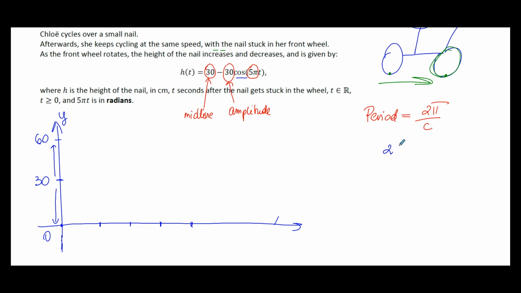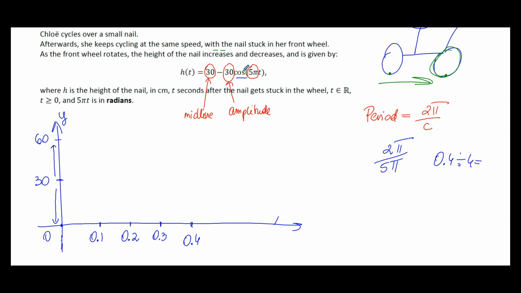So that means it will be 2 pi divided by 5 pi. And when we put that in the calculator, we get that that is 0.4. So 0.4 is the whole of the period. And then we divide that into 4 equal parts and we get 0.1, 0.2, 0.3. So your period is divided into 4 equal parts. So we have our marks done on the y and x axis.